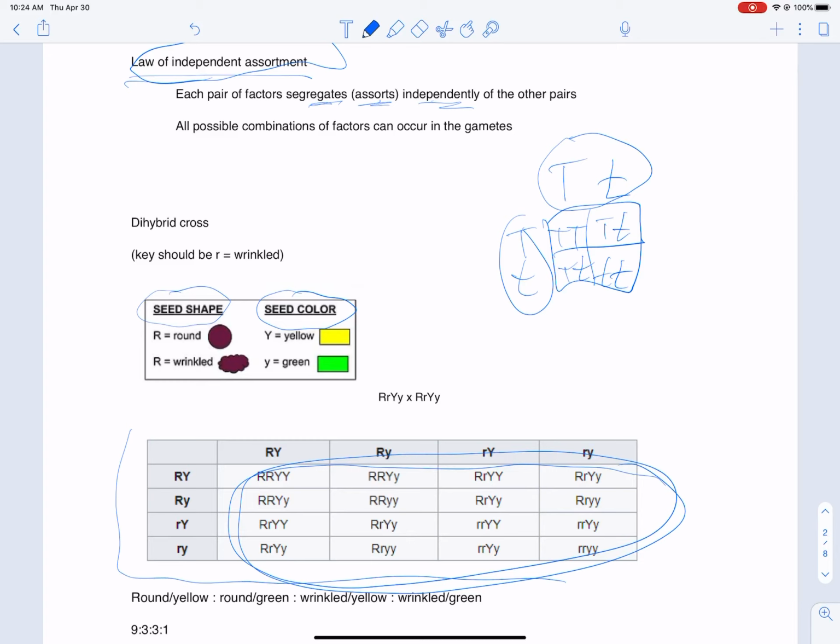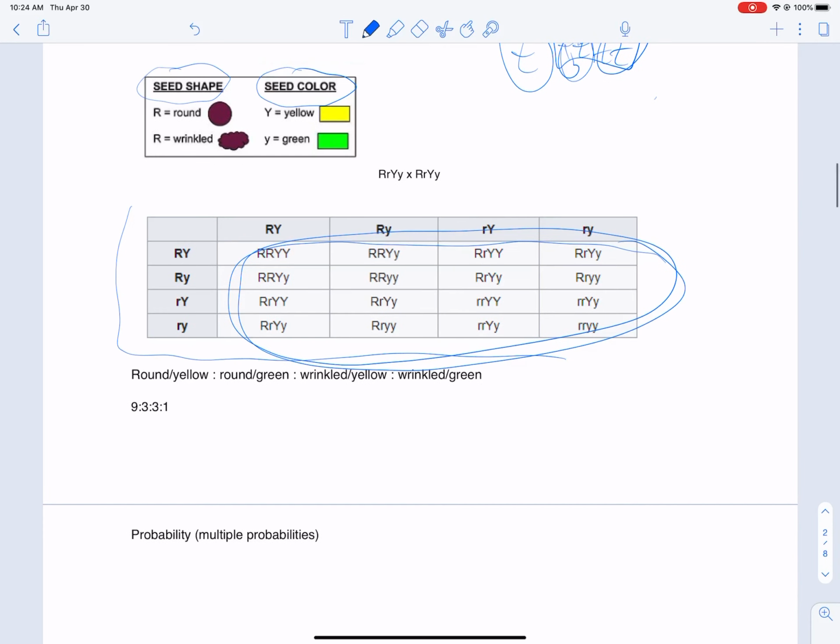And not so easy to do the percent, because up here, it's easy to say small t is 25%, and capital T, small t is 50%, or 2 out of 4. So here we'll just go out of 16. So the probability that it will be round yellow is 9 out of 16.